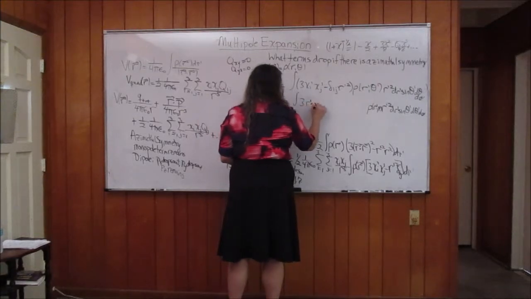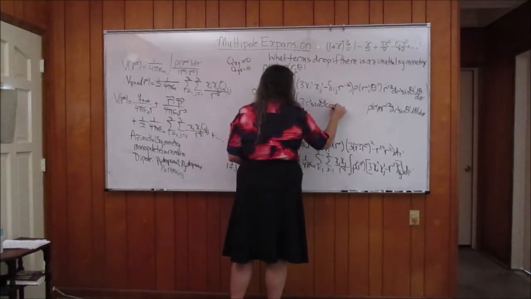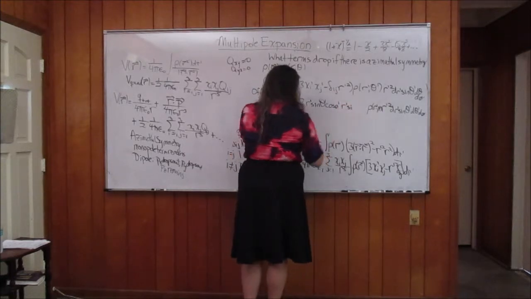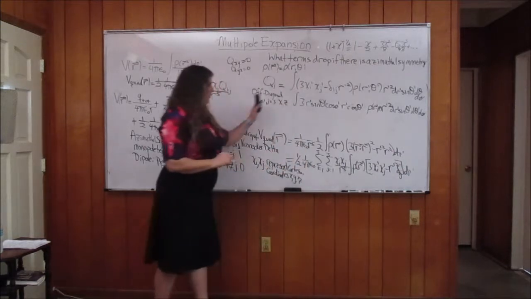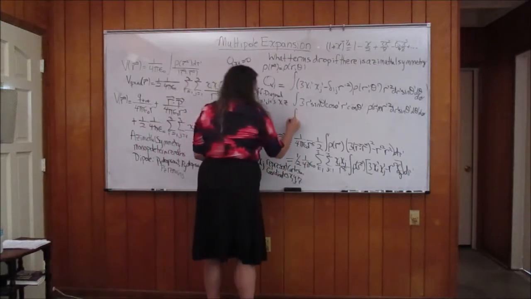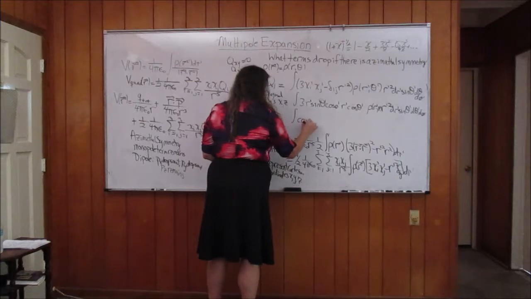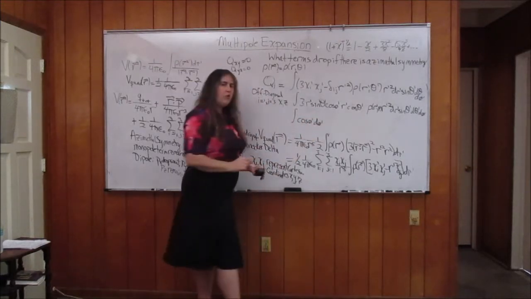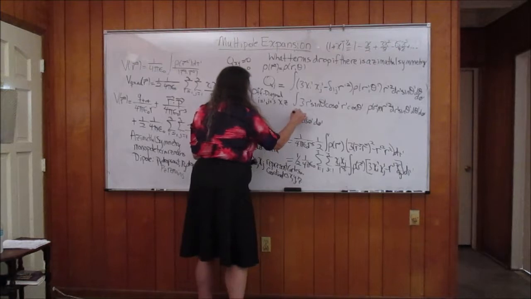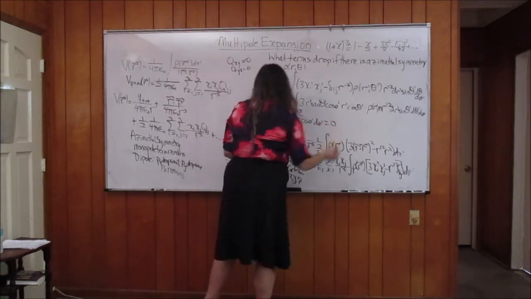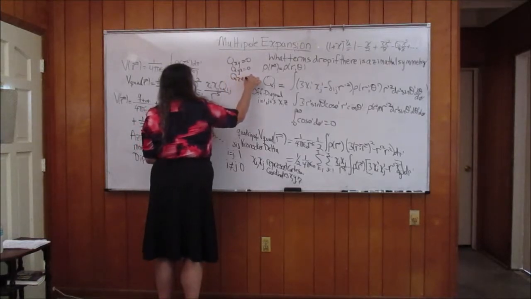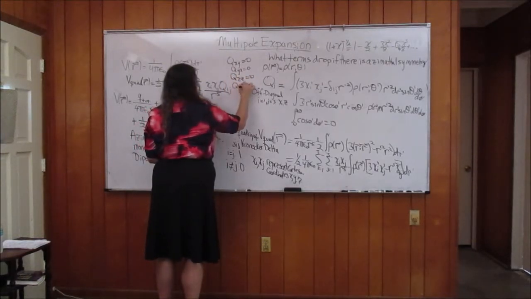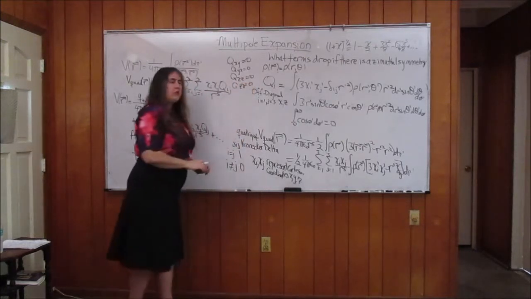It's r prime sine theta prime cosine phi prime and r prime cosine theta prime. Okay, so when I do the math here, what will I wind up with? I'll wind up with an integral over cosine phi prime, just going from 0 to 2 pi. That is equal to 0. So therefore, Q_xz is equal to 0, and Q_zx is equal to 0 as well.